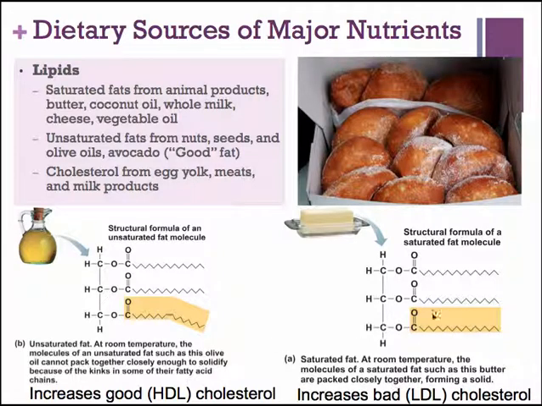And saturated fats are bad because they increase our bad cholesterol, which we call LDL. Why is this also bad? If you have lots of saturated fat, this increases low-density lipoproteins. What these do is carry and store and bring all this fat towards our arteries and our vessels.